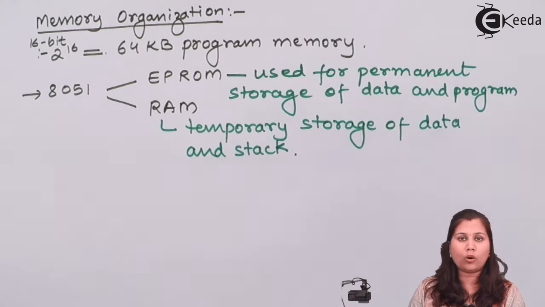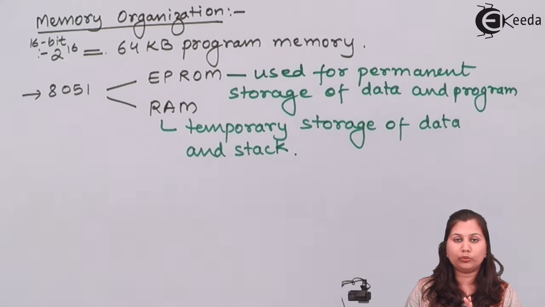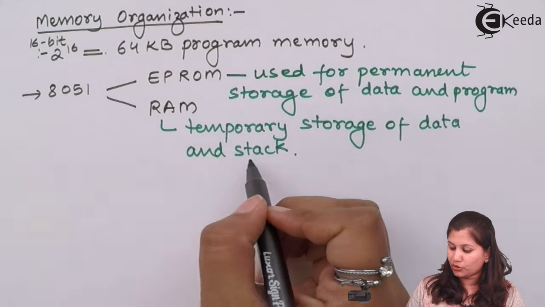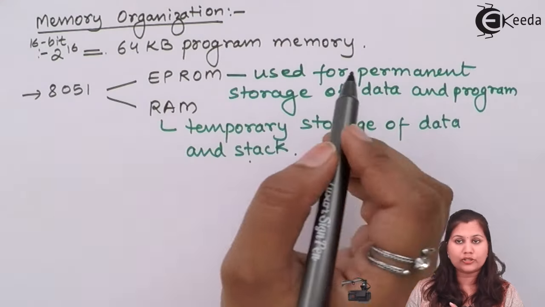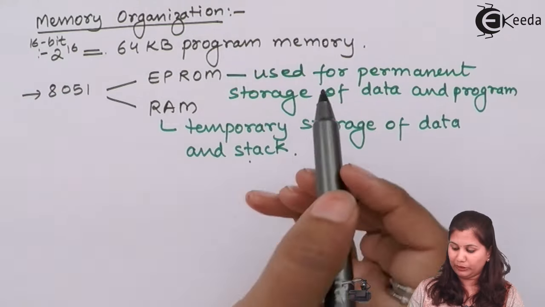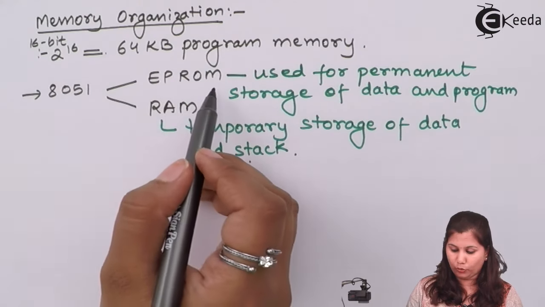If we want to store temporary or short programs like subroutines, we will store them in the stack. So the stack is used for the temporary storage of programs. So stack and data will be stored in the RAM, whereas the permanent storage of data and programs will be done in the EPROM.